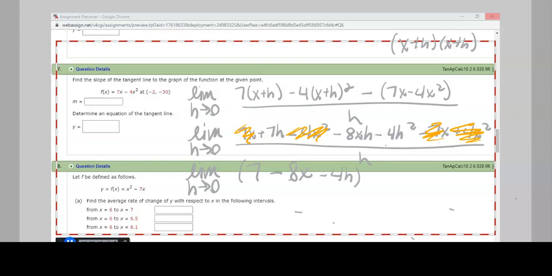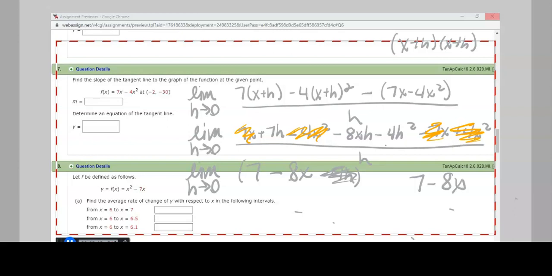And now I can take the limit. So wherever there's an h, it's going to go to 0. So he's gone. So here's what you just found out. You just figured out that the formula for slope for any single point on this curve, so it's the slope of the tangent line, or it's the formula for instantaneous rate of change, is 7 minus 8x.